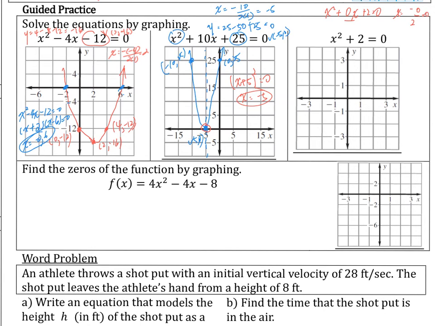So it's at x equal to 0. And when x equal to 0, our vertex will be at (0, 2).